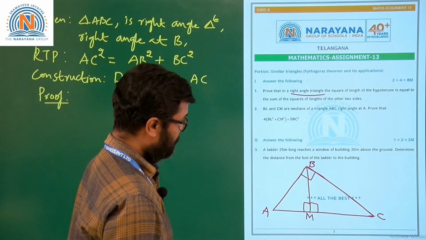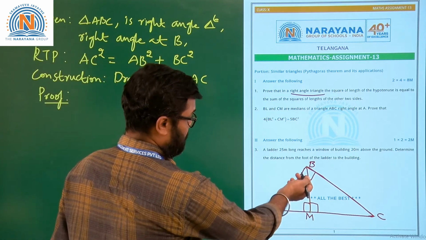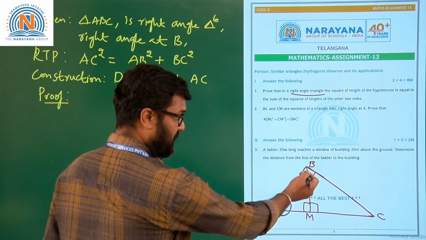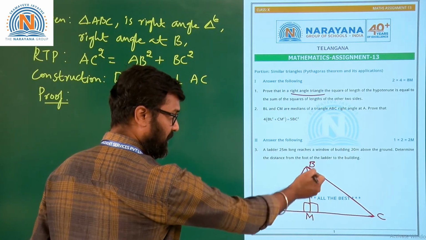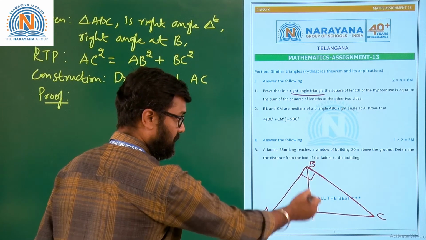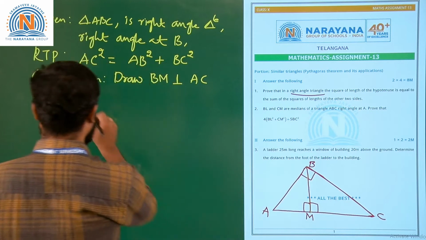See children, if you observe here, this is one right angle triangle, this ABM. This ABM is a right angle triangle, so let's take that one first.